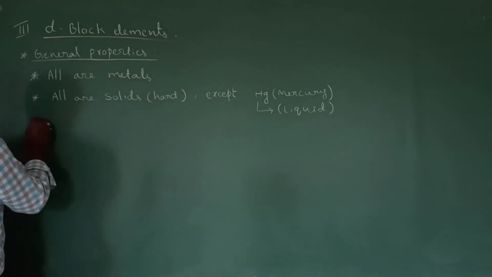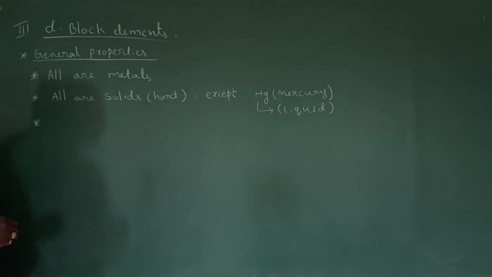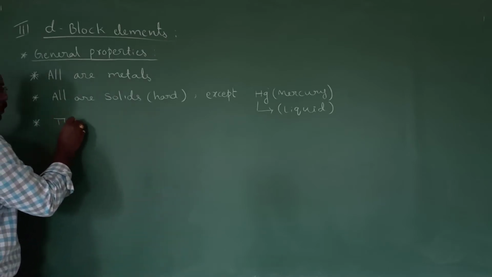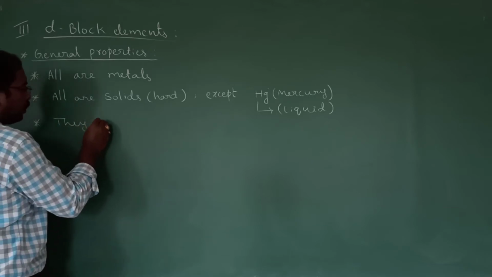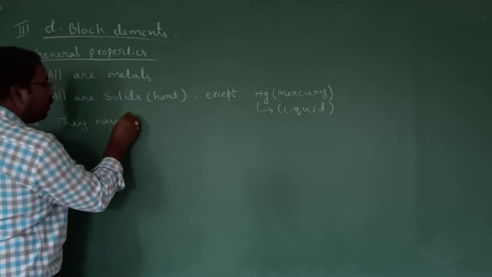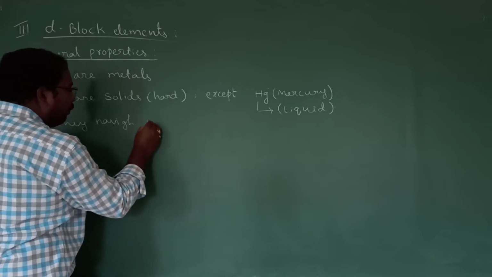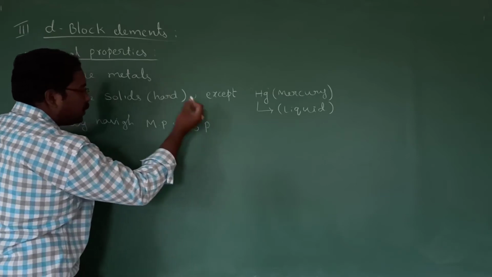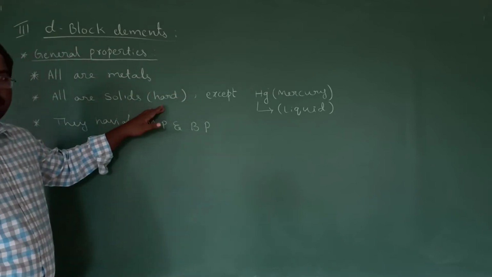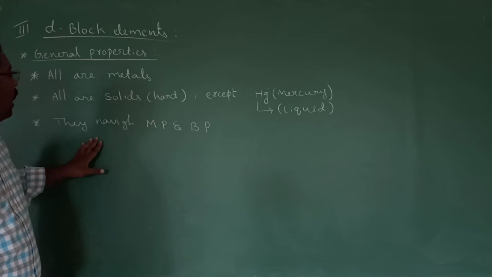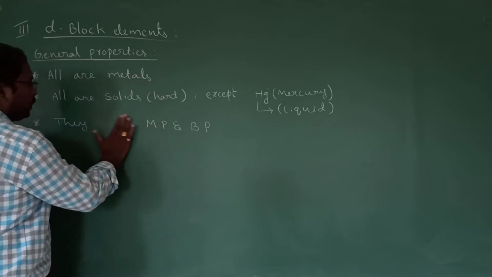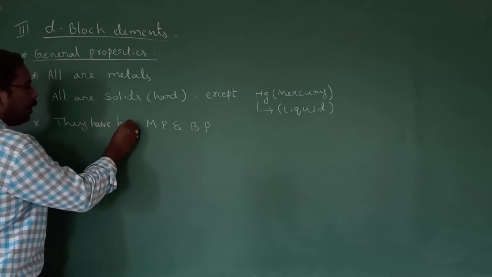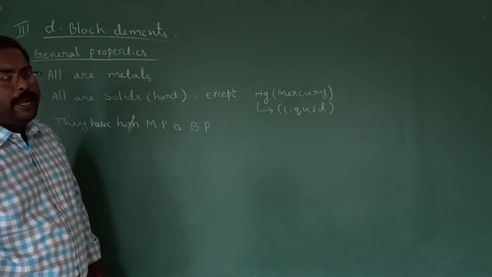Now, coming to the other properties of these D block elements, they have high melting points and boiling points. Okay? Because these are hard in nature, due to that they will have high melting points and boiling points.